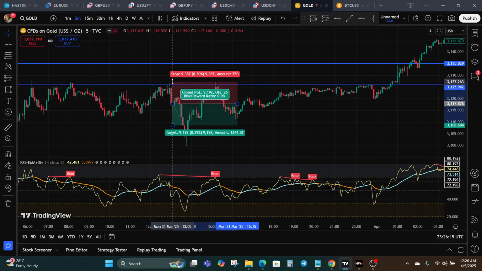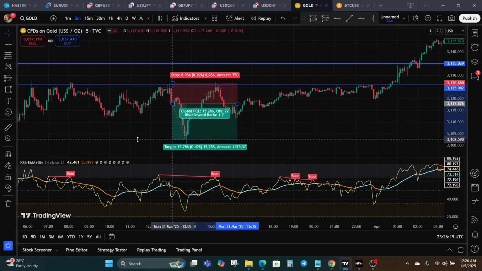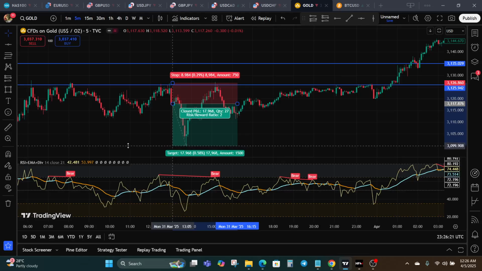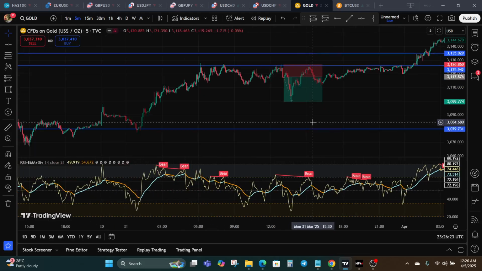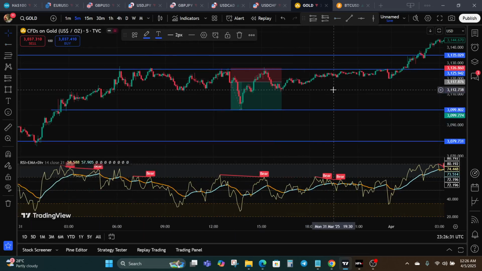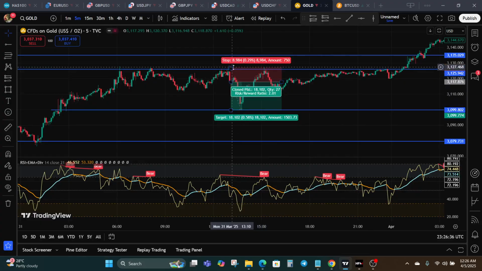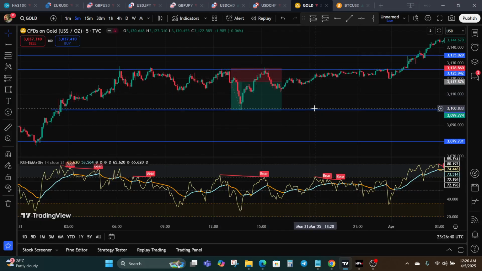So this would have been a good place to enter a sell, stop loss above the swing high, take profits around support zones. So you can see if you are taking your profit around this particular support, you'd have had a risk to reward ratio of 1:2.